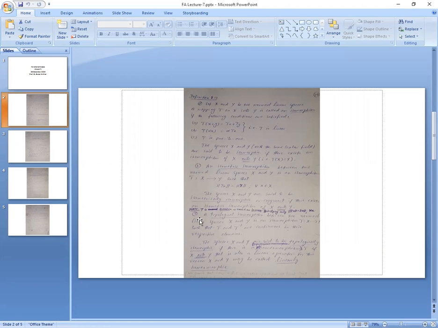Let me repeat once again. An isomorphism T from a normed space X into a normed space Y is said to be a topological isomorphism if T and T inverse are continuous in their respective domains. Respective domain means if T is an operator from domain X into range Y, then T inverse will be an operator from Y into its range X. This is what we mean by respective domain.